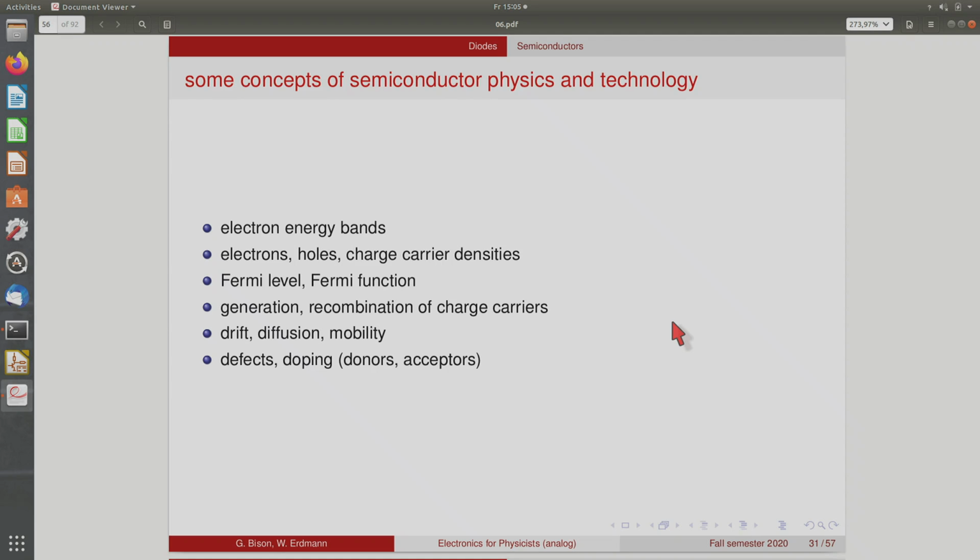We need to look at electrons, holes, and charge carrier densities as you find them in semiconductors, the Fermi level, Fermi function. We also need to understand a bit about generation and recombination of charge carriers, then drift, diffusion, and mobility. So how do these things move around? And finally we get to the important step for using this technologically, which is what is the effect of defects and doping.